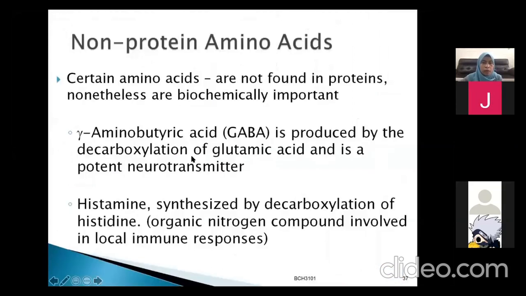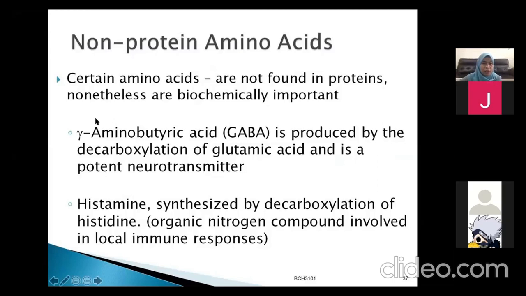Some amino acids are not considered as protein amino acids, but the importance of having these non-protein amino acids is that we cannot simply say they are not important. Basically they are important.